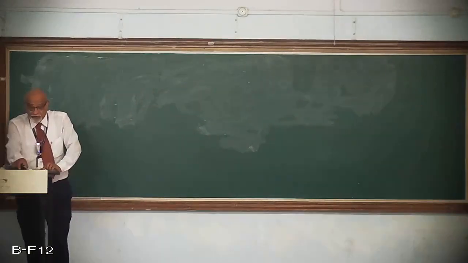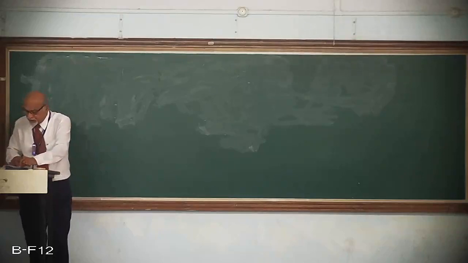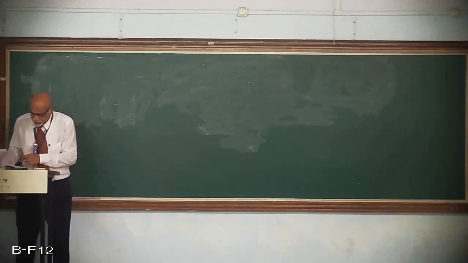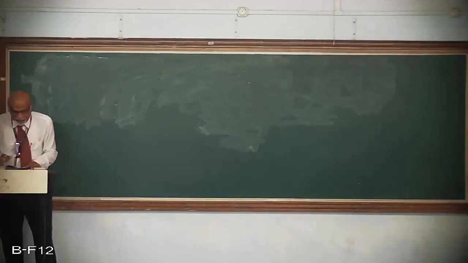Okay. So let me take up one typical example, because I want to drive at certain points. I will just read the problem. I am not going to fully solve it, but only part of it.